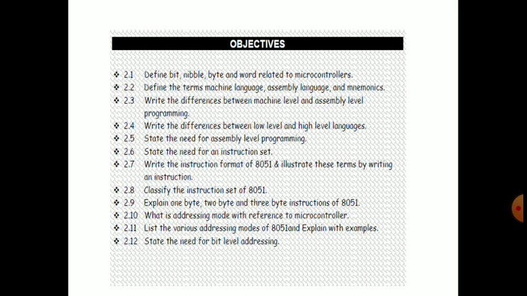Third objective is to write the difference between machine level and assembly level programming. Next, difference between low level and high level languages. And after that, state the need for assembly level programming, and the need for an instruction set and instruction format of 8051, and illustration of these terms by writing some instructions, that is the examples.